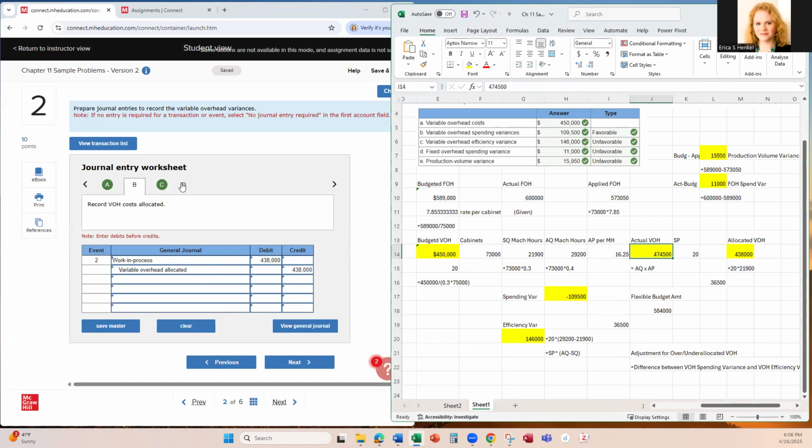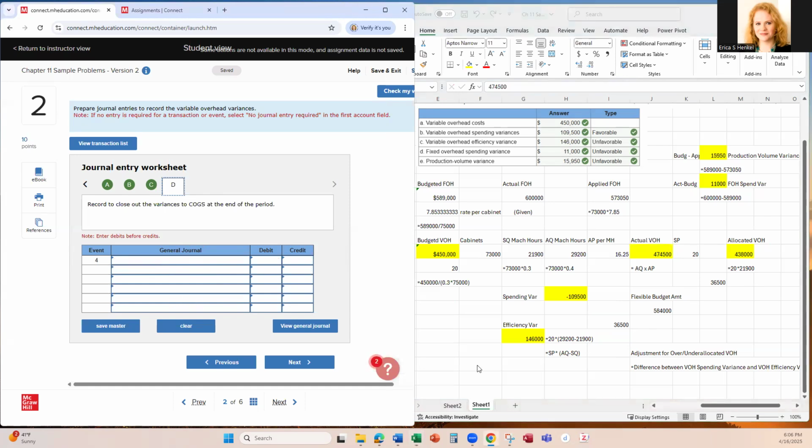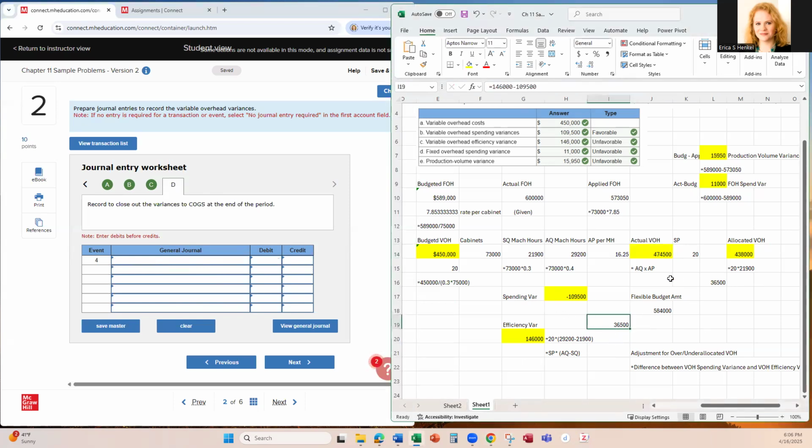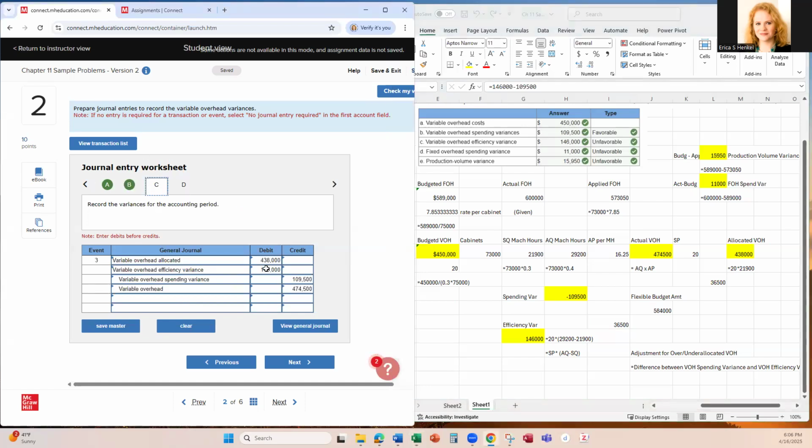So this last journal entry cleans up our variance accounts and empties them out, and then the difference between these variances ends up going to cost of goods sold. Because we are going to be zeroing these out, we originally debited 146 and we credited 109. So we need to do the opposite to zero those accounts out at the end of the day, like at the end of our reporting period.